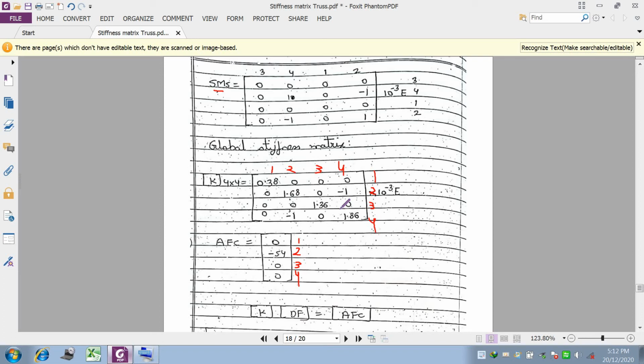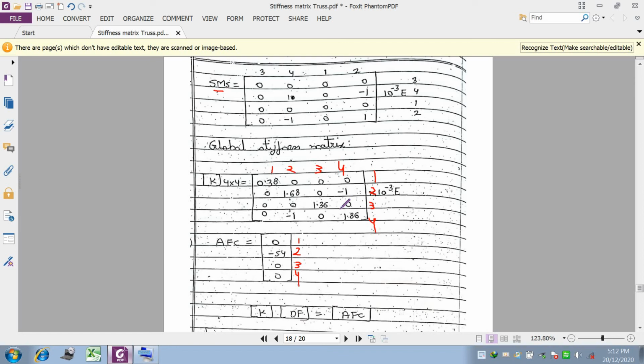In the coming lectures we will start with type 2. Under that we will cover the formulation of the global matrix. These numericals will have a stiffness matrix of 6 by 6. In that numerical you may be asked to formulate the global matrix of the equation for a 6 by 6 matrix.